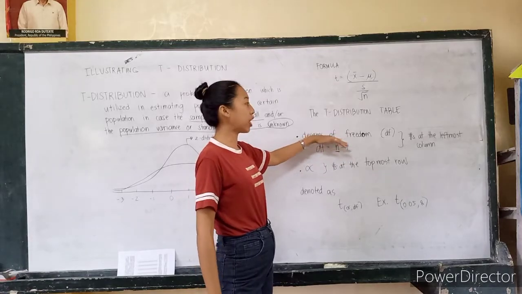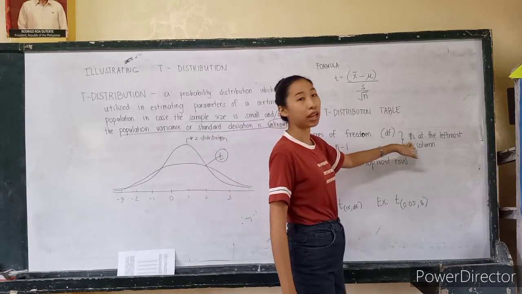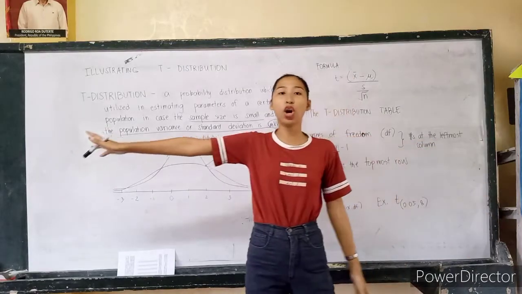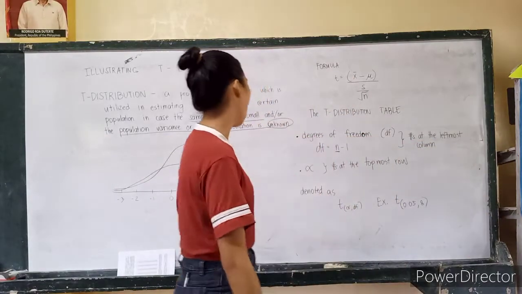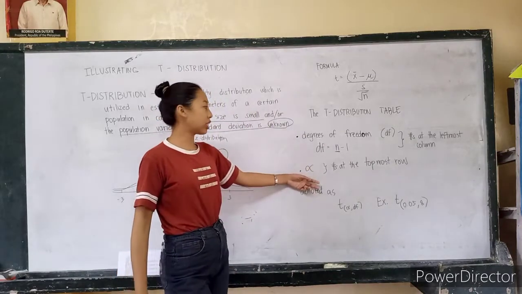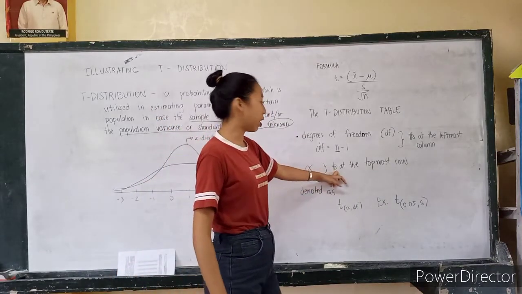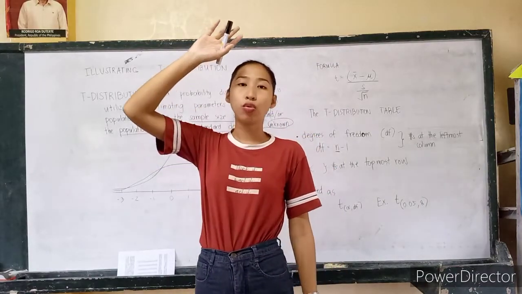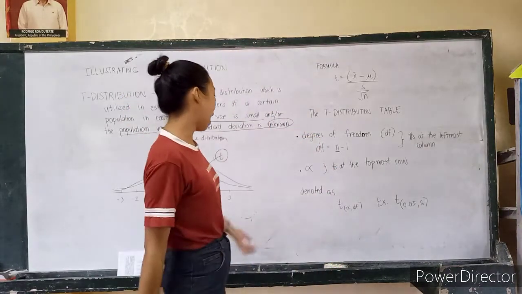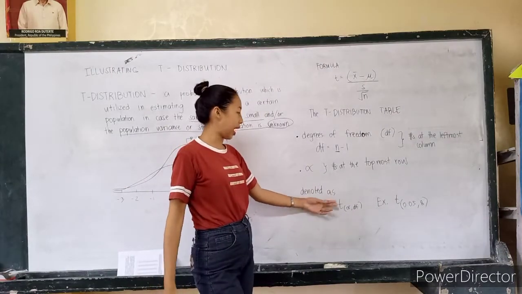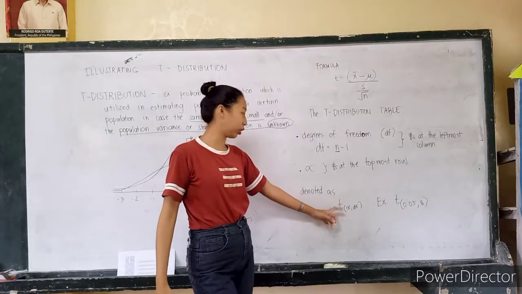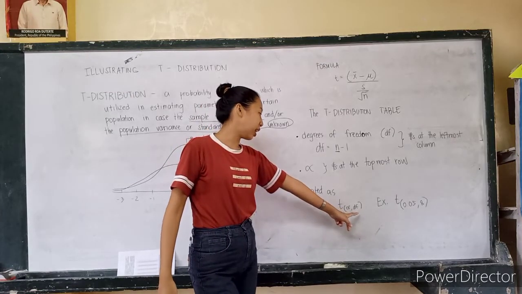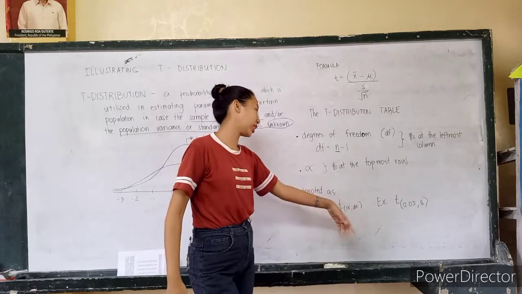Do not forget, degrees of freedom, or DF, are the numbers at the leftmost column. Then alpha is the numbers at the topmost row. It is often denoted with the symbol t, then parenthesis, alpha, comma, degrees of freedom, then parenthesis.